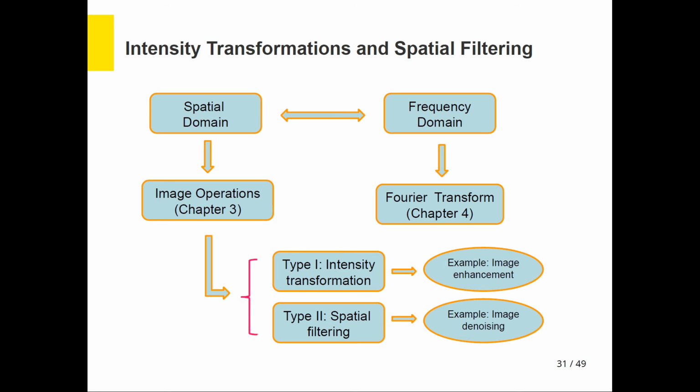In this chapter, I cover two types of spatial domain transformation: the intensity transformations, and then spatial filtering. For intensity transformations, we can have examples of image enhancement, but for spatial filtering, we can have the concept of image denoising. I will get to individual applications and transformations in the following slides.